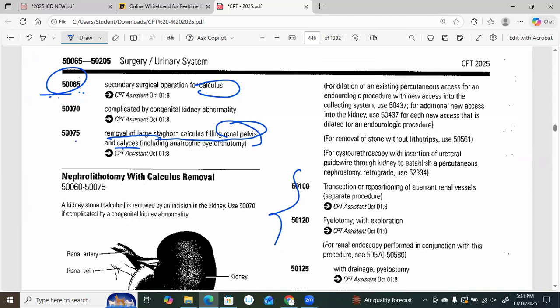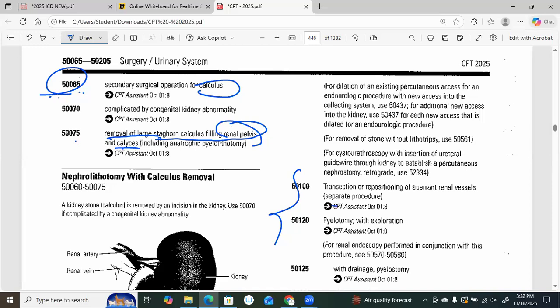Next section we have transection and reposition of aberrant renal vessels. Aberrant means malpositioned. That means the renal vessels are not at the correct location. So in this case, transection and reposition: first the doctor makes the incisions and then repositions all the renal vessels during that same incision.